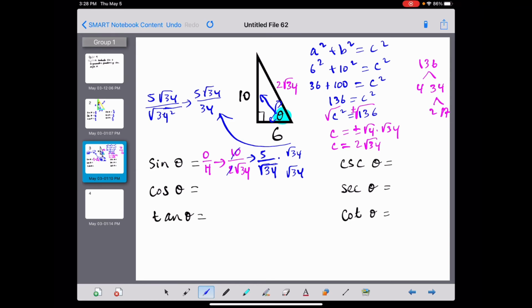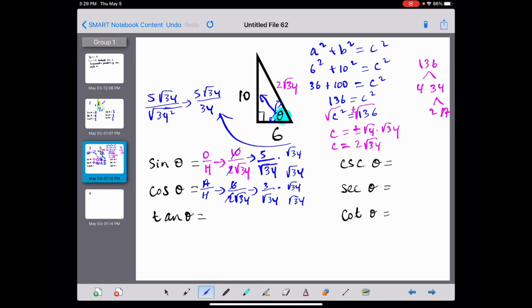Then cosine theta we'll do the same thing. It's adjacent over hypotenuse, which is 6 over 2 square root of 34. Notice the 6 and 2 we can cancel out, and we get 3 over square root of 34. Since we cannot have a square root at the bottom, we multiply by square root of 34 over square root of 34.